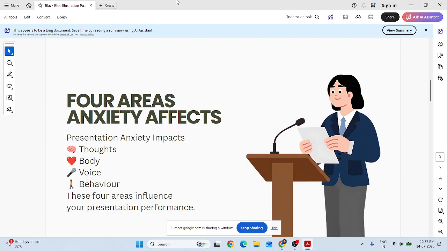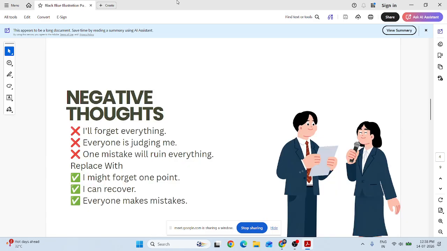And some students are comfortable in front of their classmates, but when a teacher sits in front of them, they get anxiety. So don't label yourself as bad at presentation. Instead of saying presentation makes me anxious, ask yourself which part of presenting creates the strongest reactions for you.